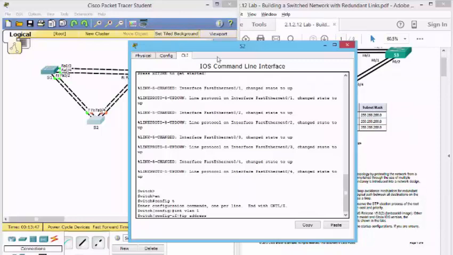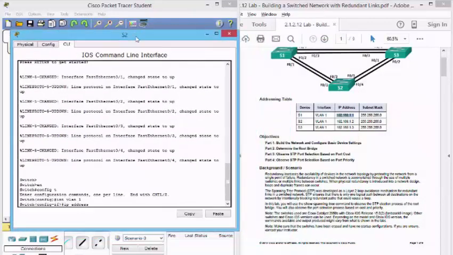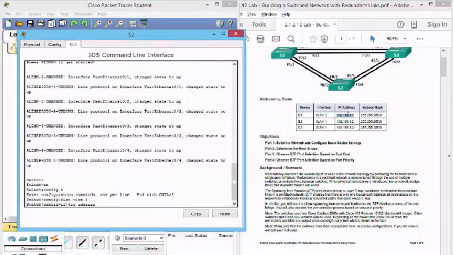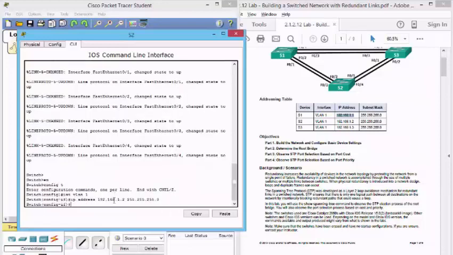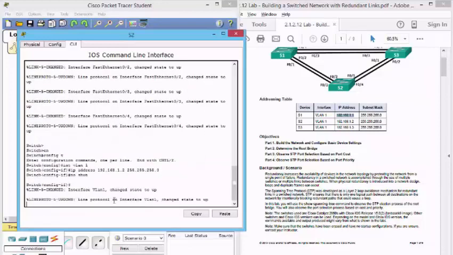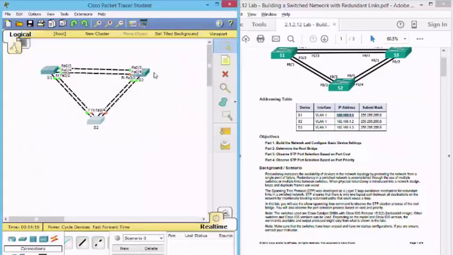What is the IP address of VLAN 1 on switch 2? 192.168.1.2, and then the subnet mask 255.255.255.0, and no shutdown. Now the interface is up.